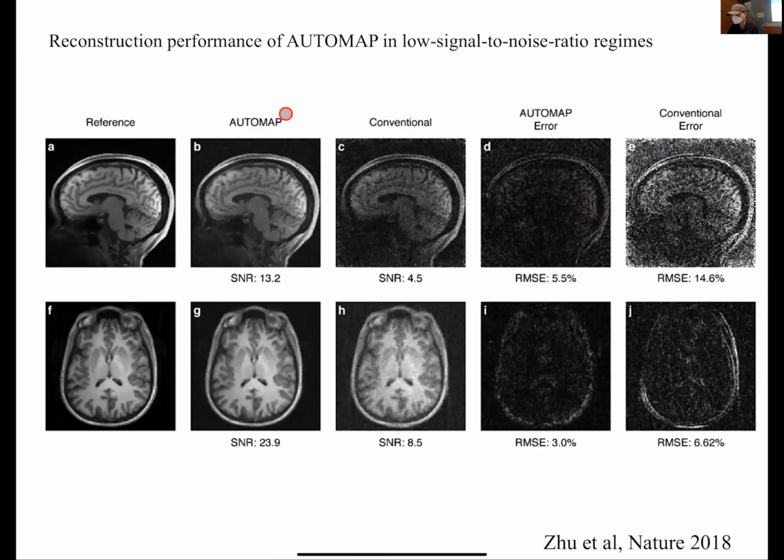This is just showing that when you have very low SNR, when you have a lot of noise, AUTOMAP can sort of say, well, okay, I can ignore that noise in creating my image, whereas a conventional reconstruction doesn't know what to do with that noise, okay? Because it's still within the bandwidth of what we care about. And so it knows how to get rid of that noise.